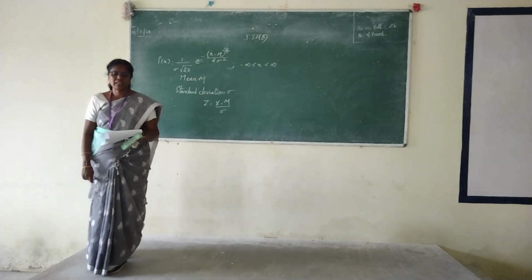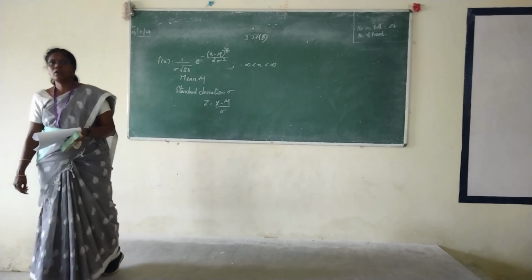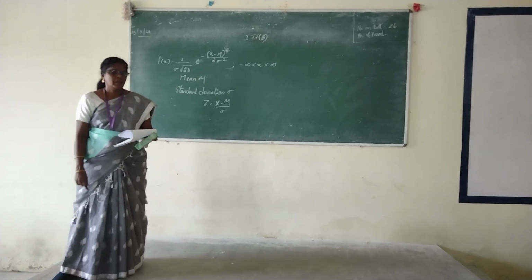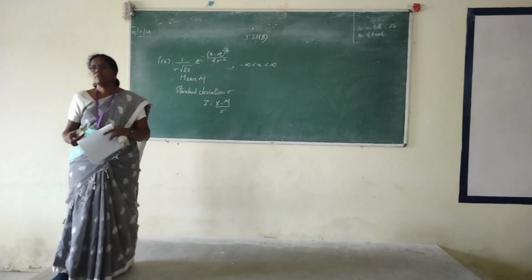Z equal to x minus mu by sigma is called a standard normal variate.